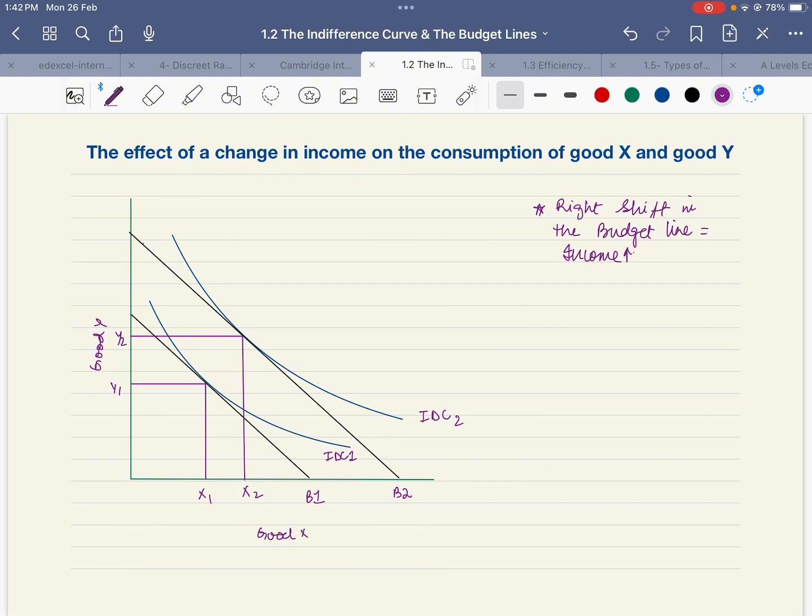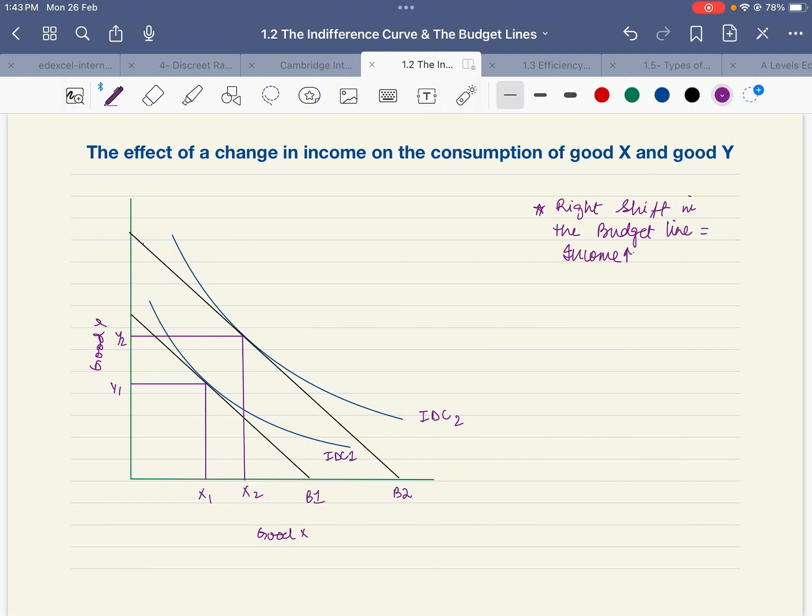Also, we can see that there are two indifference curves lying on each of the budget lines. One is the old indifference curve, IDC1. Other is the new indifference curve, IDC2. As the budget line has shifted to right, there is a new indifference curve with reference to that budget line as well.